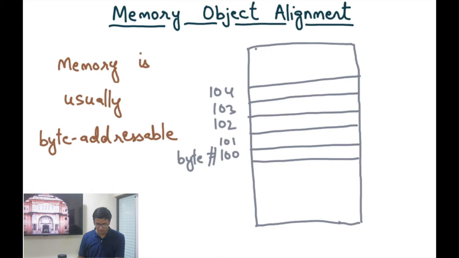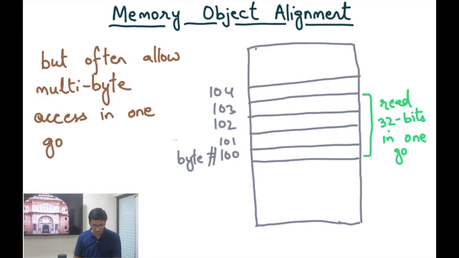Okay, so a memory is usually byte addressable, but often multi-byte accesses are required for many typical operations. So for example, an integer in C, an int variable, is typically implemented using 4 bytes.